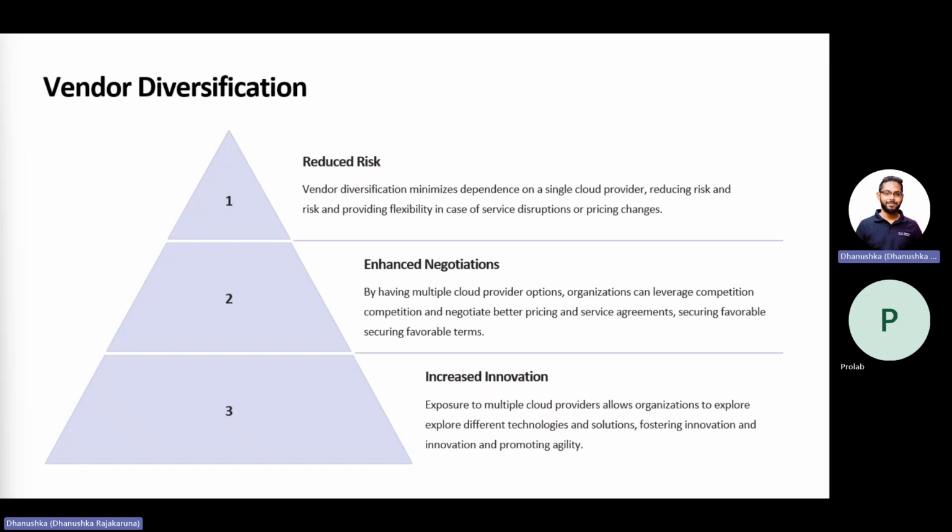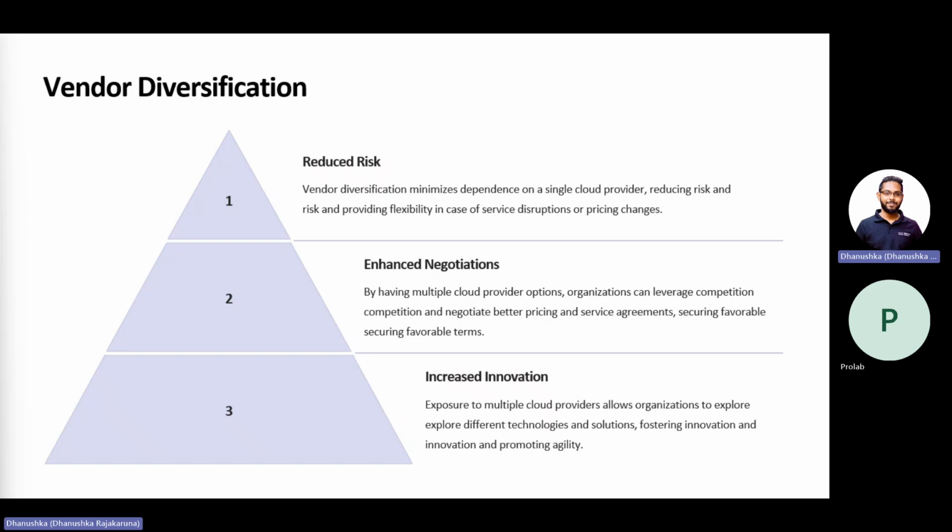Key strategies for vendor diversification are assess current dependence, adopt a multi-vendor approach, establish vendor benchmarks, leverage open standards and interoperability, foster vendor relations, implement vendor diversification policies like procurement policies, pilot programs, diverse cloud provisions, invest in vendor management tools, prioritize security and compliance.